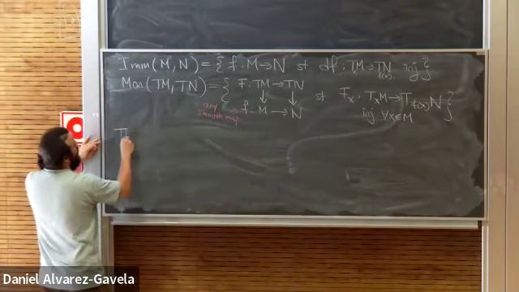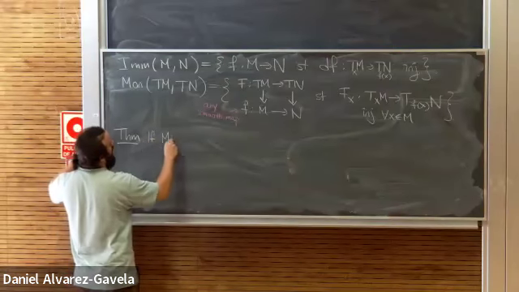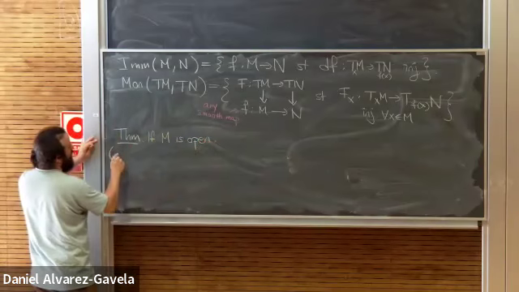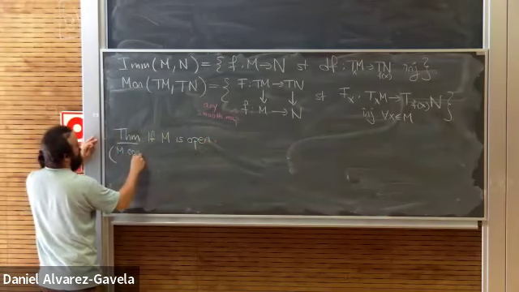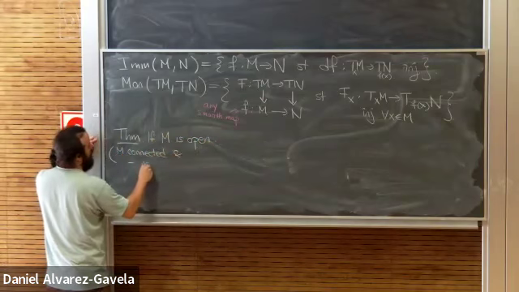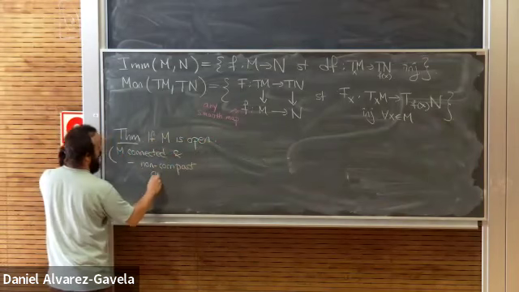I want to prove the following two theorems. First theorem: if M is open, for concreteness, let's think M is connected and either non-compact or with non-empty boundary.